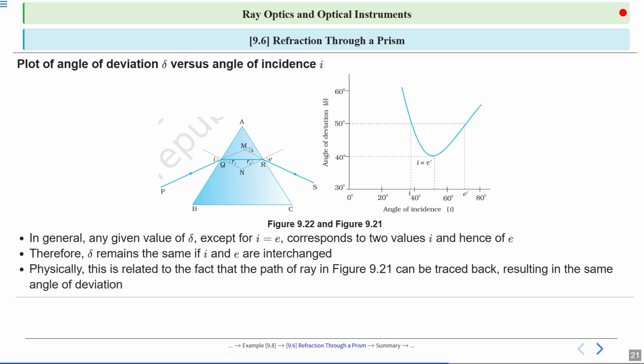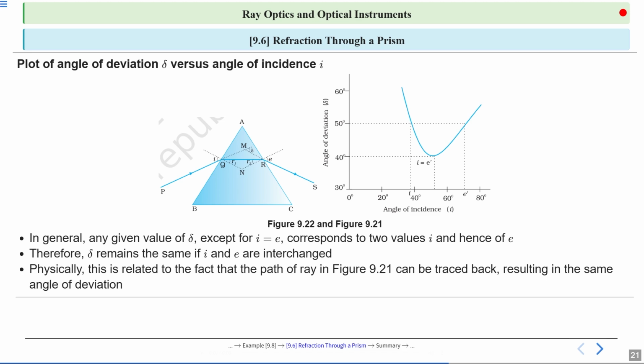Okay, so you can see in the plot that the angle of incidence is equal to the angle of emergence at the minimum deviation condition. In the plot, where the angle of deviation is minimum, the corresponding angle of incidence is equal to the angle of emergence.